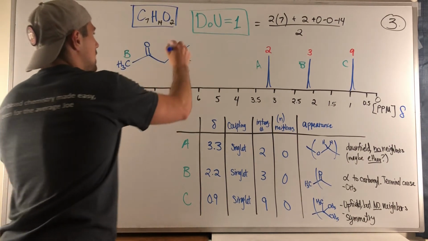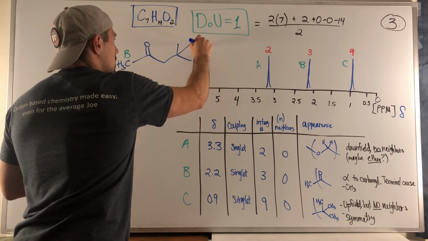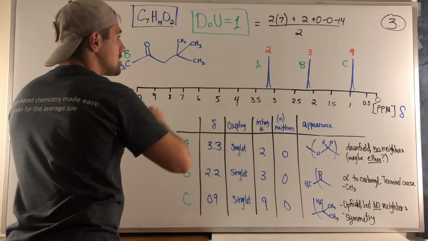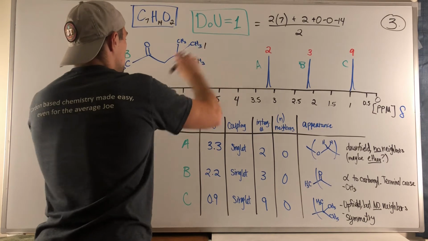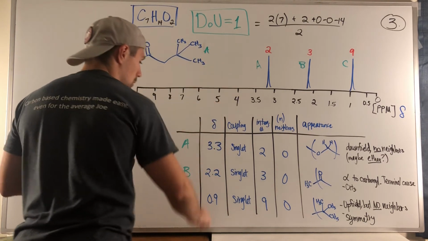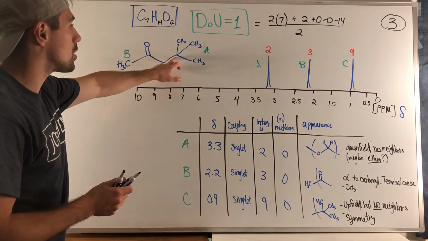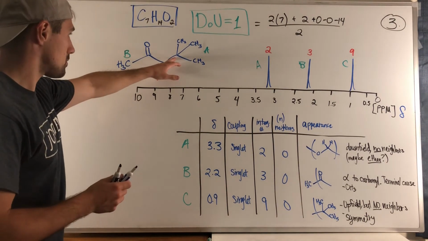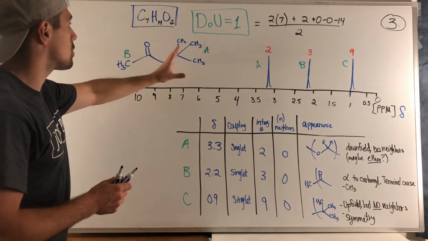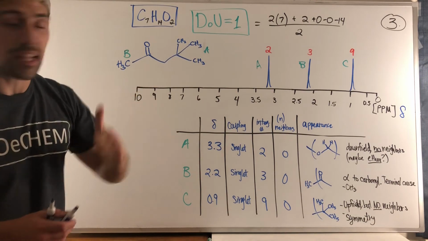These carbons right here, CH3, CH3, and CH3, this is peak A, okay? That makes sense because we have the quaternary carbon, no neighbors, so that looks good. And it definitely corresponds to 9 hydrogens. I think that's good for A.